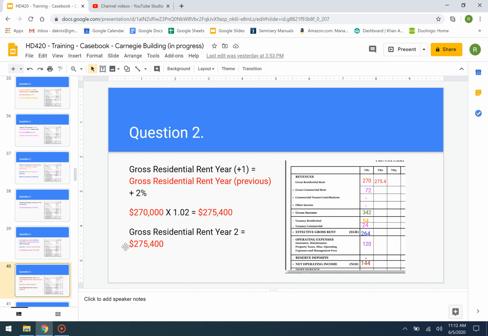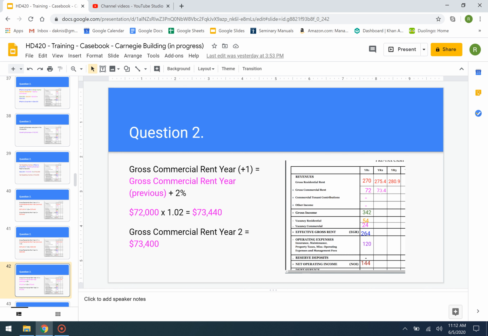So our gross residential rent for year 2 is 275,400. Same thing, we take the previous year times 1.02, and we get 280,908. Plug that in there under year 3. We're moving down now, commercial rent. We're supposed to assume 2%, and that applies not just to residential, but to residential and commercial. So it's the same thing.